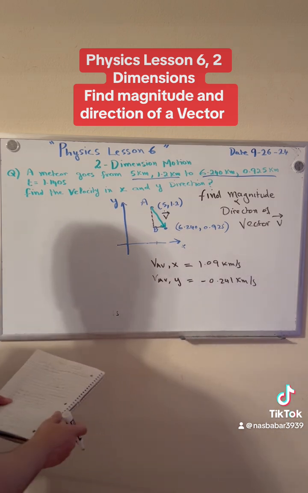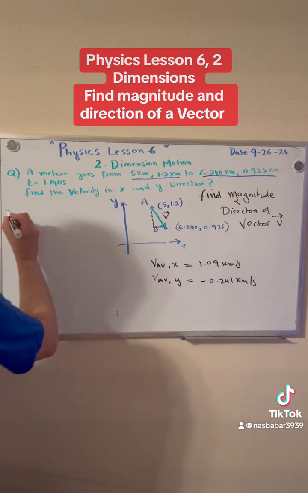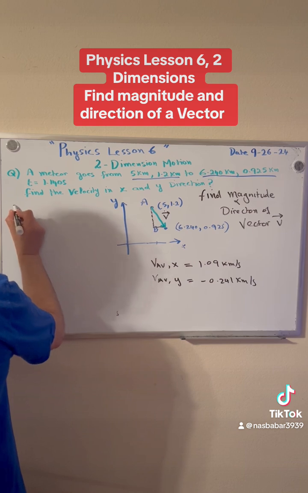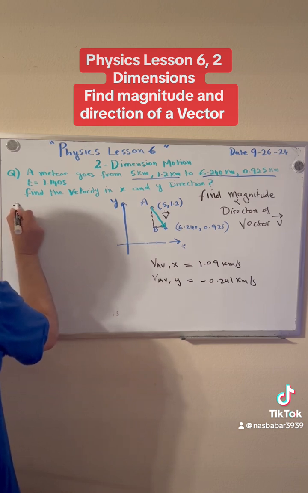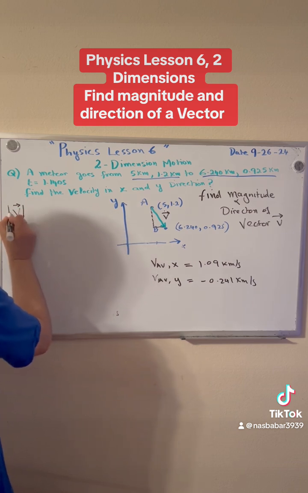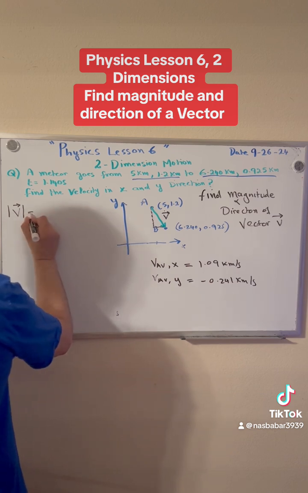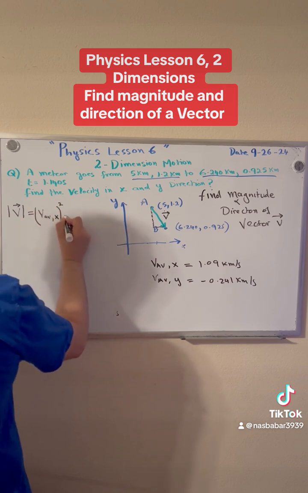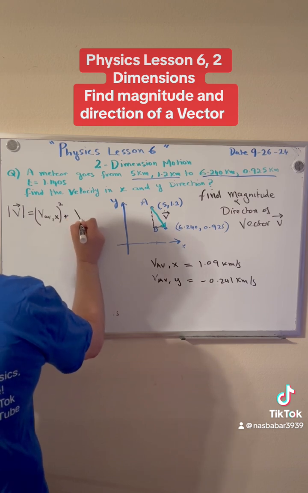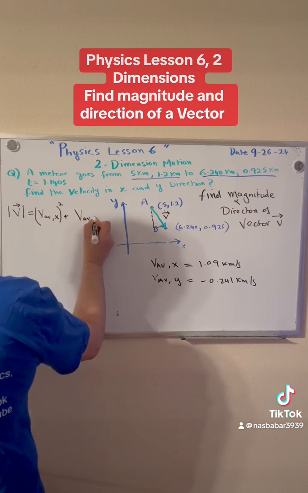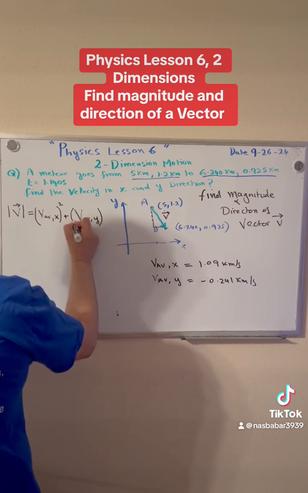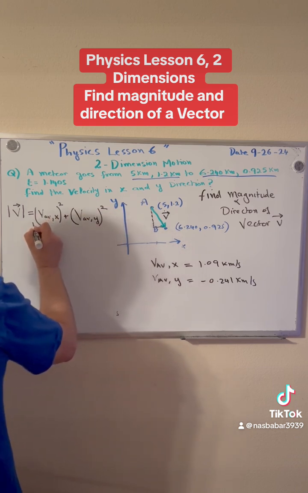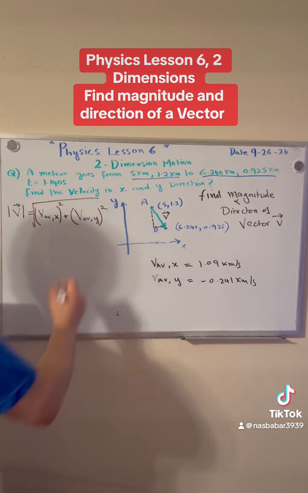So based on the Pythagorean theorem, we can find V. Now we are finding the magnitude at this point, right? So V would be equal to the square root of V average with respect to x squared plus V average with respect to y squared. All I am doing is applying the Pythagorean theorem.